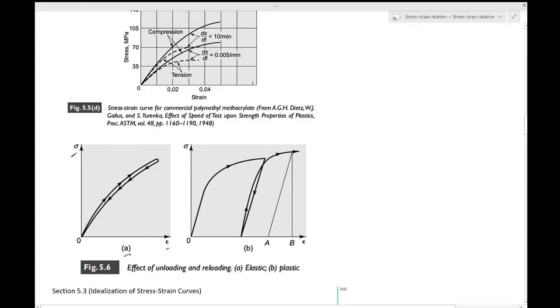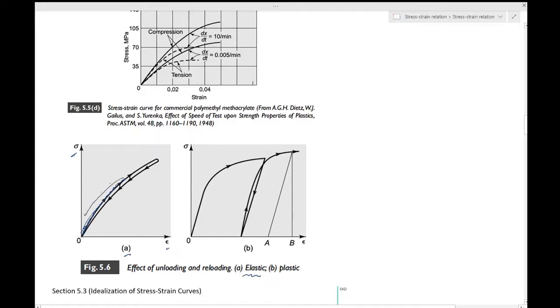So if you have an elastic material and you load it, the stress will keep on increasing from 0, and the arrow shows the loading part. You keep on increasing the load, and if you stop and release it, it will come back to 0, the strain will be 0. Then you start again, slowly increase, come back to this point, release again, it will come back to 0.